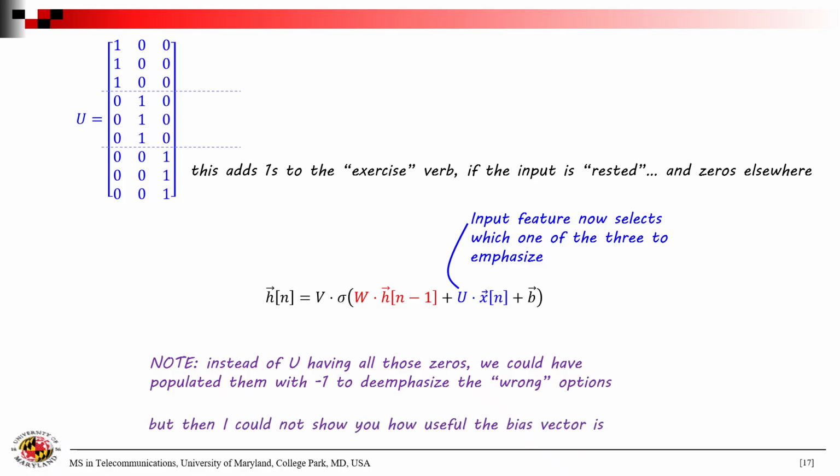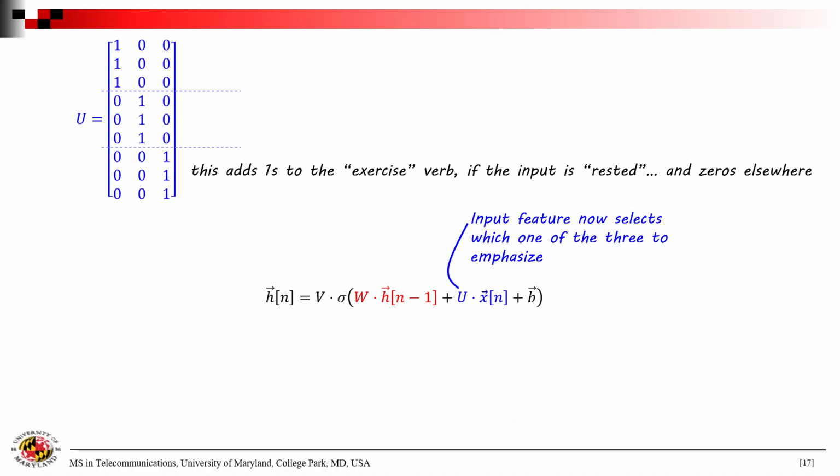That's true, you could do that, and I'm sure you could sit down and come up with a better U, but I wanted to show you the purpose of the bias vector. And by leaving all those added points as 0, it's a very clear indicator of the usefulness of the bias vector. So I'm just going to leave it the way it is right now. And we're going to test it.